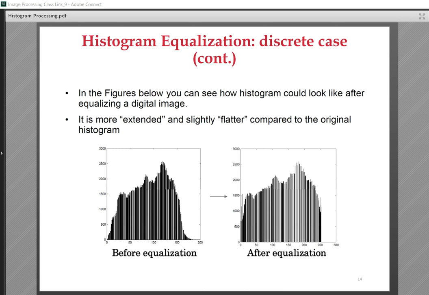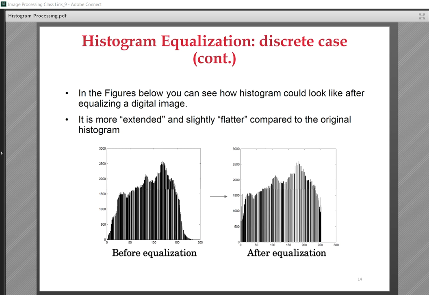Let's look at some examples. Here is a good slide: histogram equalization in the discrete case. These two figures show before equalization and after equalization. This is the histogram of an original image; we don't see the image itself, but this is its histogram.